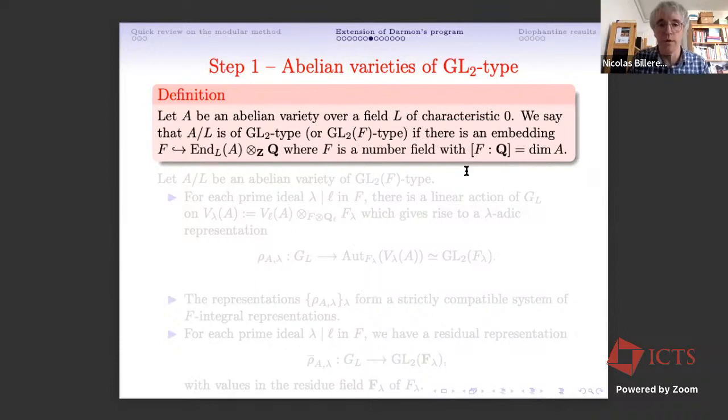Let me also recall an important definition, which is not due to Darmon, but which is used in Darmon's program. That's the definition of abelian varieties of GL2 type.